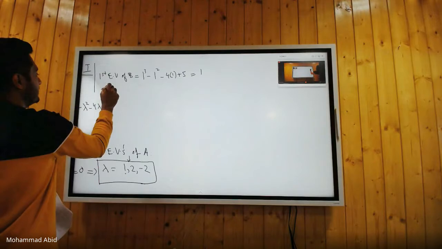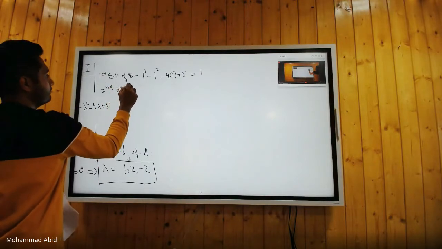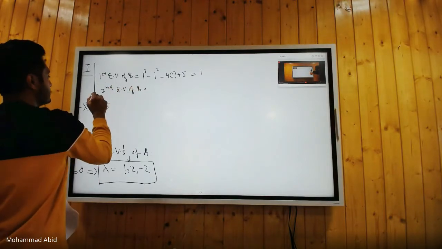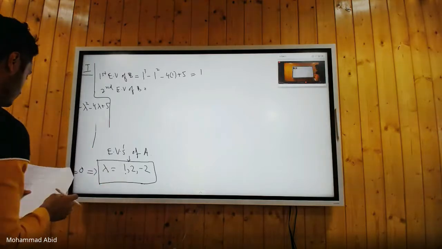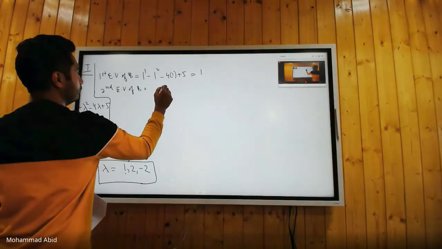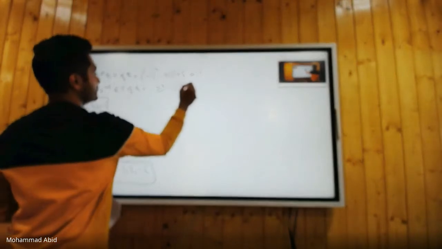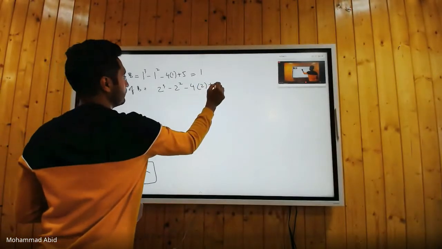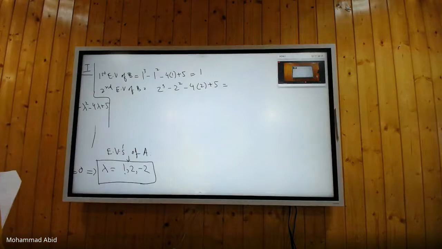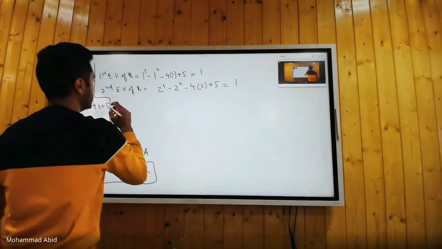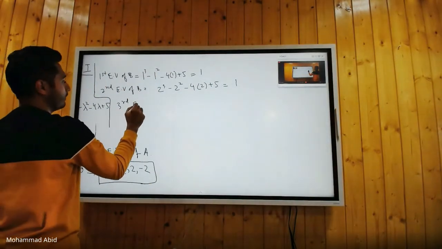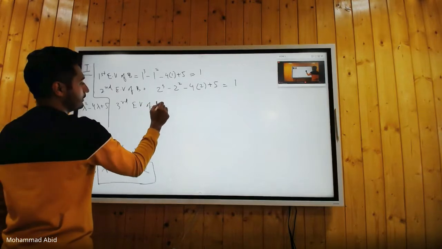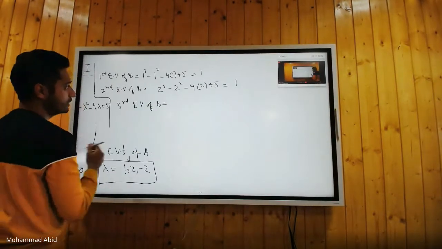Okay, quickly, second eigenvalue of B. Substitute the second eigenvalue, let's say, 2. 2 cube minus 2 square minus 4 into 2 plus 5. This is how much? This is again 1. Okay, third eigenvalue of B. Substitute minus 2 now.